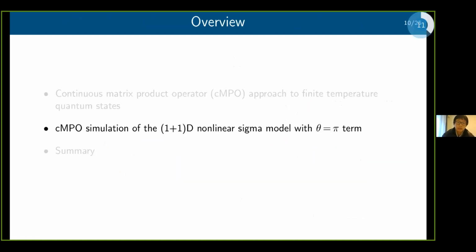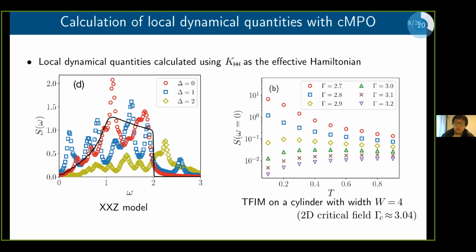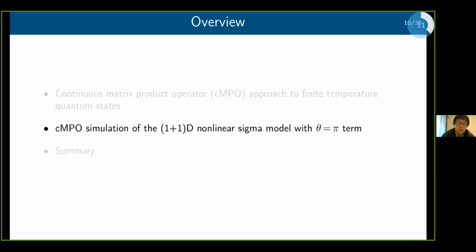So let's move on to the second part of our talk. We will apply our CMPO method to the 1+1 dimensional nonlinear sigma model, which has the topological theta term with theta equal to pi.